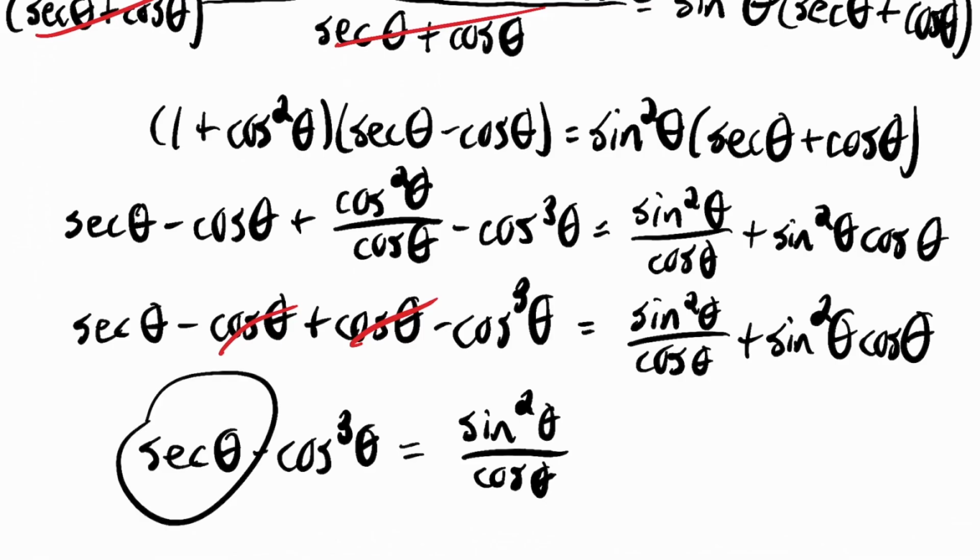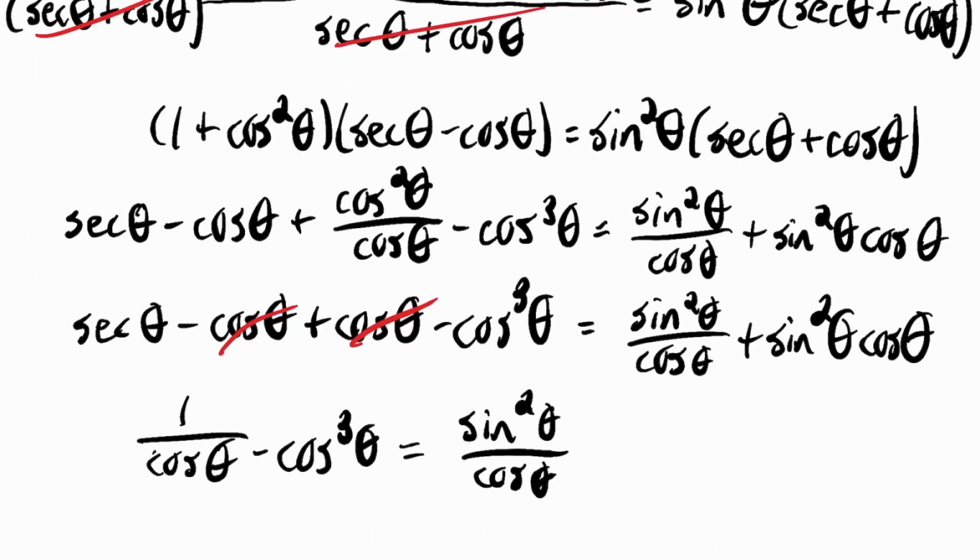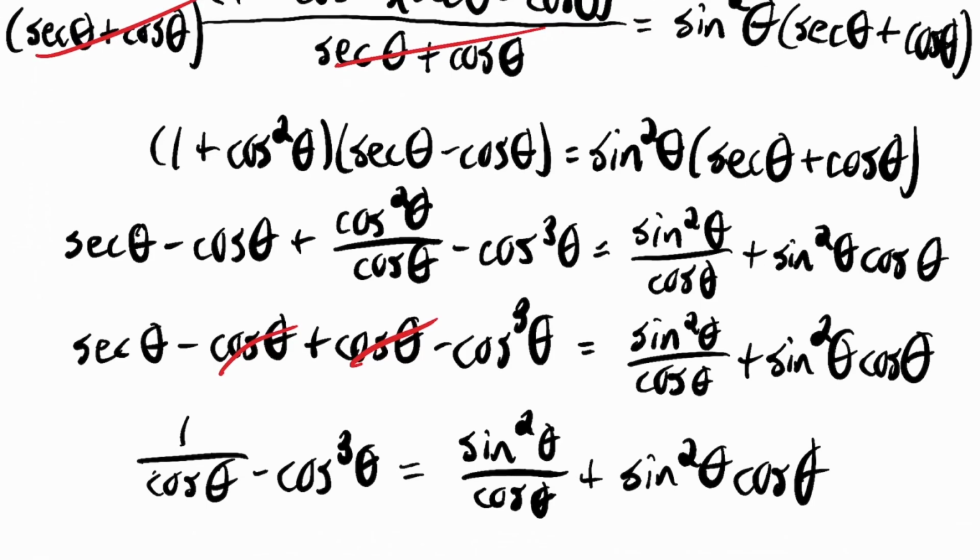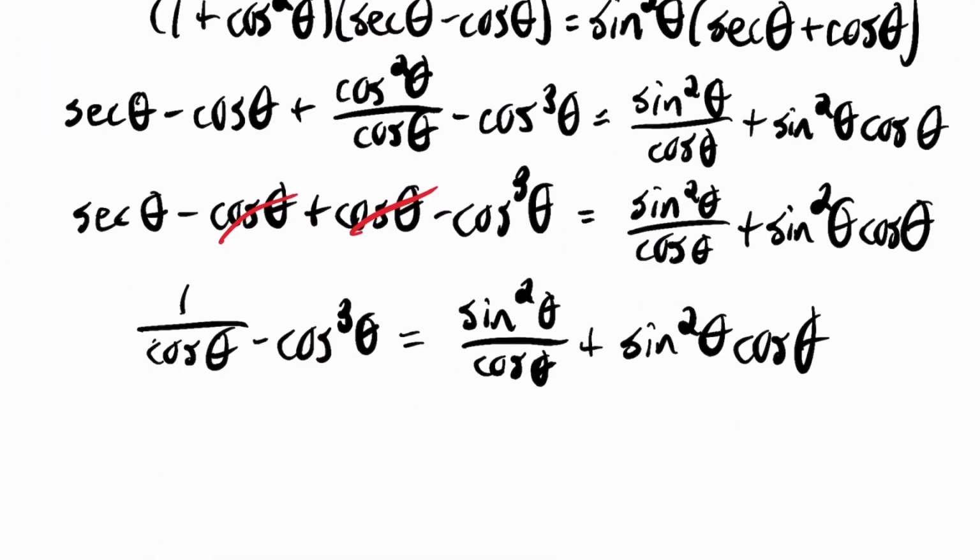Let's just write this as 1 over cosine, because that will make things a little more recognizable, I think. Plus sine squared theta cosine theta. Now this is a lot of writing, but this is better.